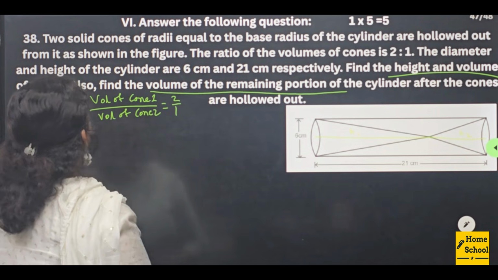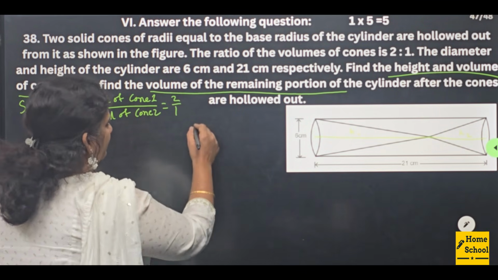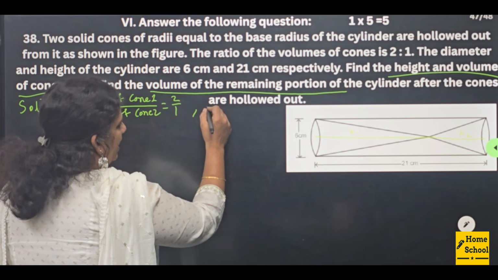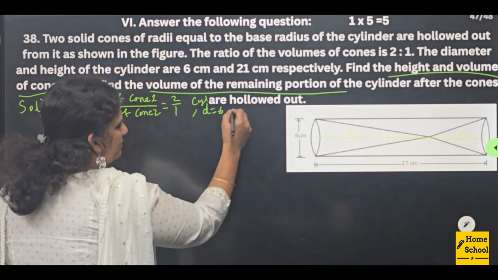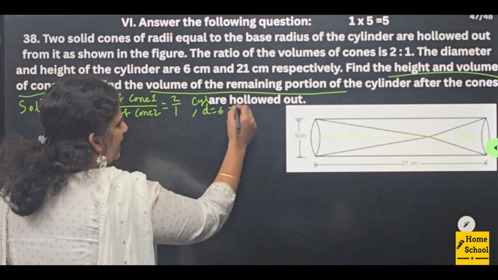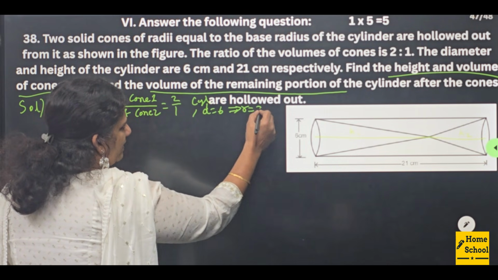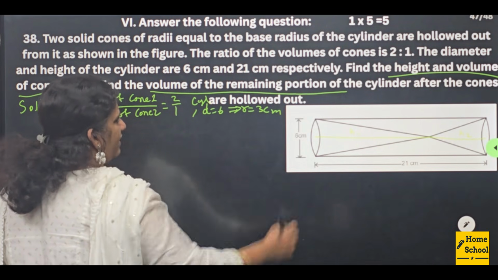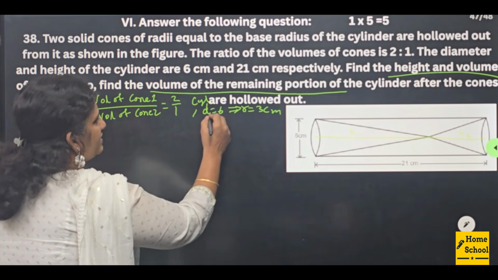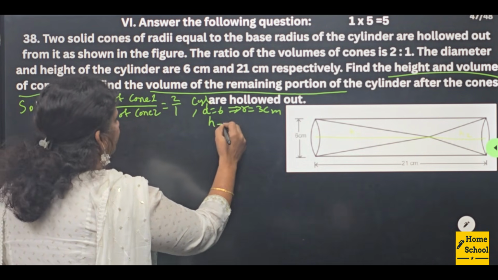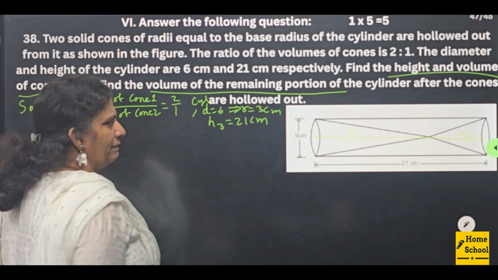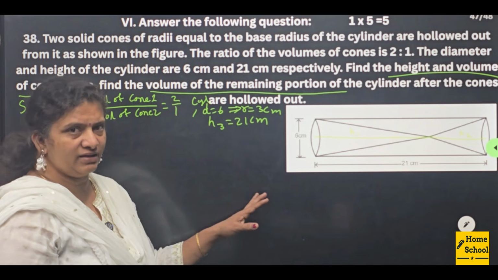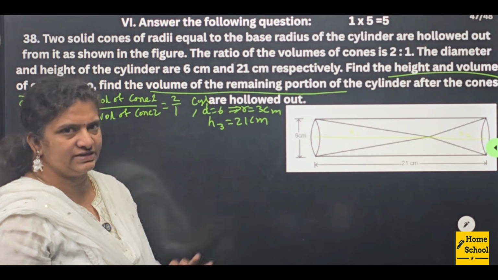The diameter and height of the cylinder: diameter D is equal to 6 centimeters. Then what is the radius? Radius is equal to 6 by 2, that is 3 centimeters. Height of the cylinder H3 is equal to 21 centimeters. Whereas here 3 heights are there, so H1, H2, H3 you consider.